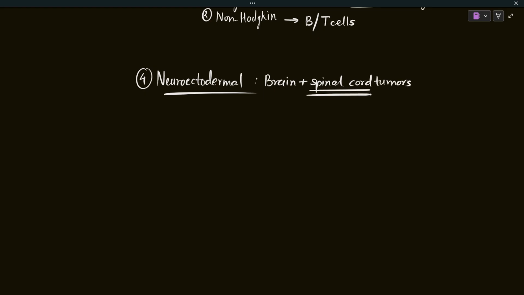When the spinal cord itself shows the tumor, we call them intramedullary tumors. But if the membrane of the spinal cord, or the nerves that originate from the spinal cord, show the tumors, we call them extramedullary tumors.